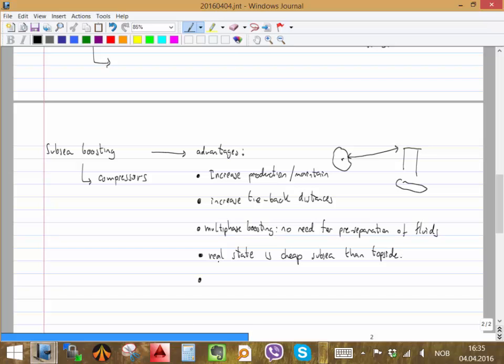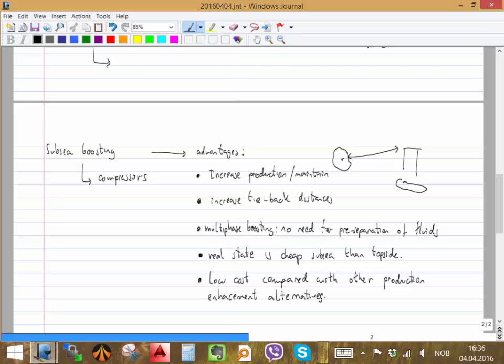And one other thing is the low cost compared with other production enhancement alternatives.